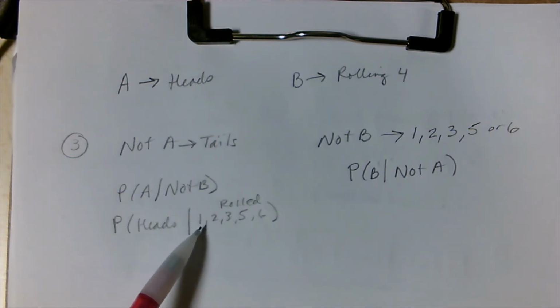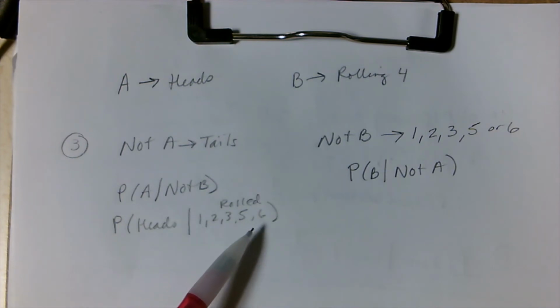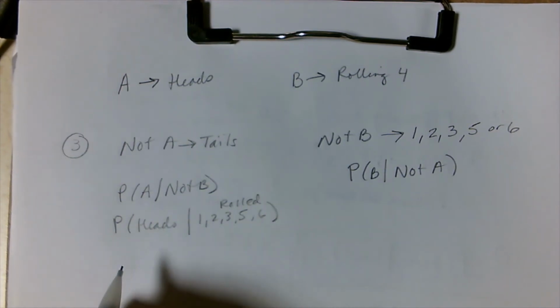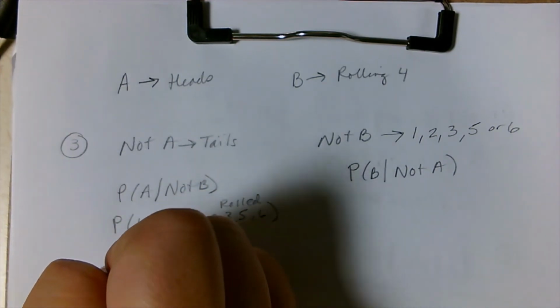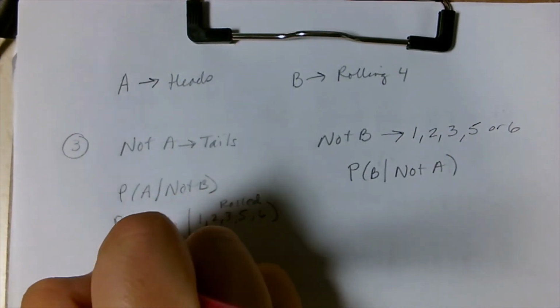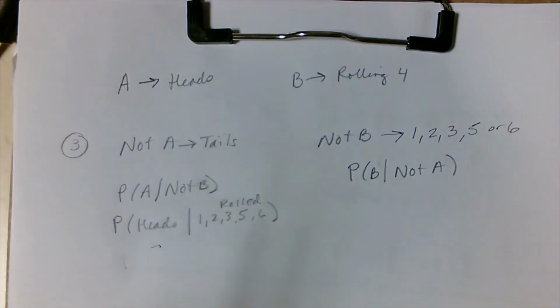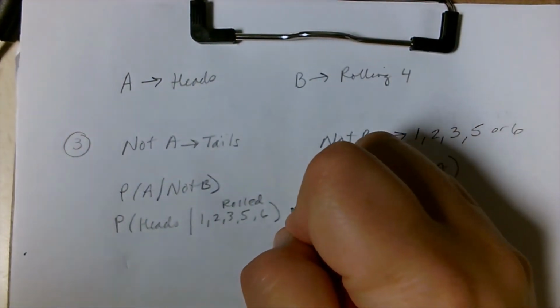It's going to be 1 out of 2 whether I roll a 1, a 2, a 3, a 5, a 6, doesn't matter, or even if I roll a 4. The probability of getting heads on a coin is 1 out of 2 no matter what. So this probability is 1/2.